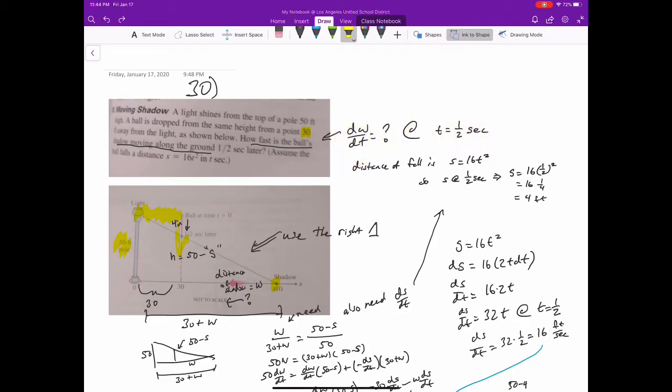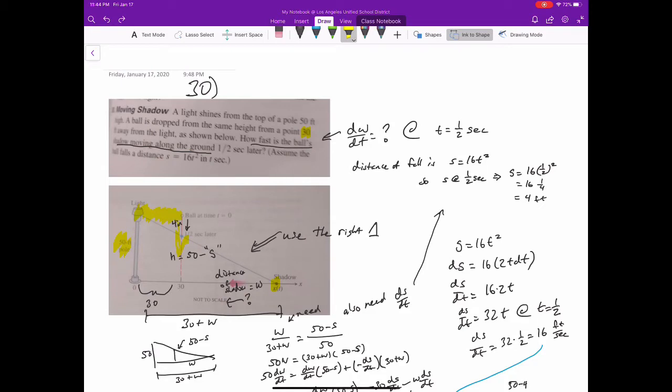We're trying to figure out how fast the ball's shadow is moving along the ground. So I call it W down here. The distance of the shadow equals W. And we're looking for dW/dt, how fast it's changing half a second later.